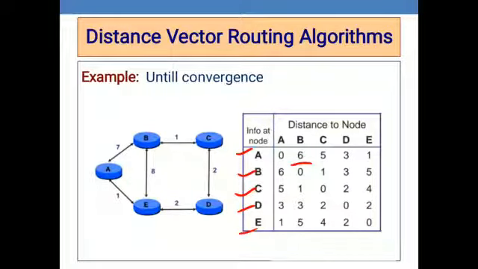Every time it will find the shortest path only. By using that shortest distance, the source node will transmit the packet to the destination node. So this is about the distance vector routing algorithm.